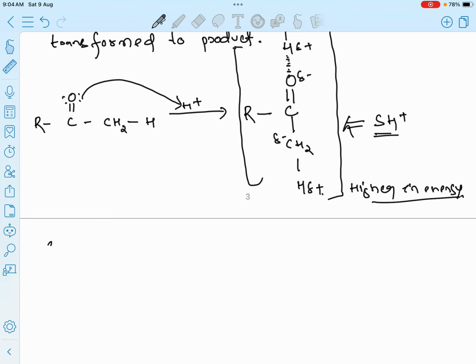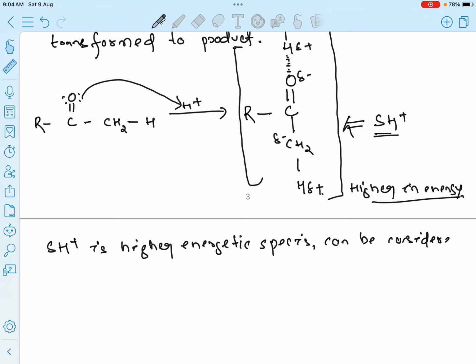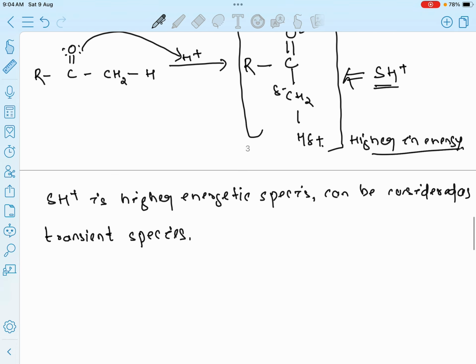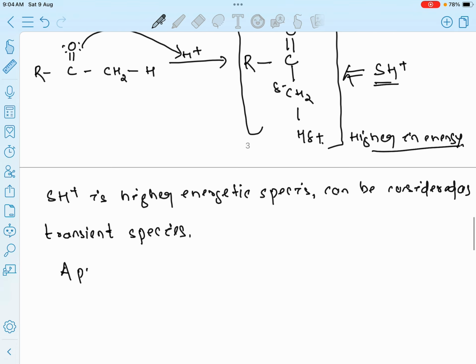Therefore, SH plus is a higher energetic species. Energetic species can be considered as transient species. Therefore, what can we apply? We can apply SSA, the steady state approximation.